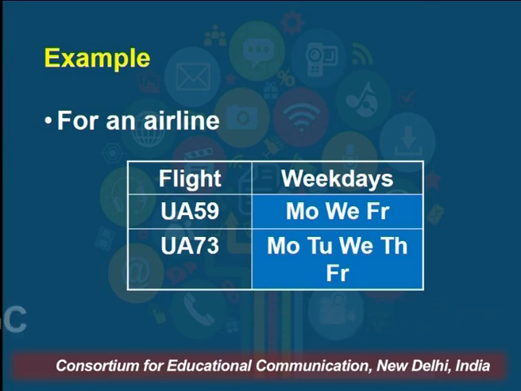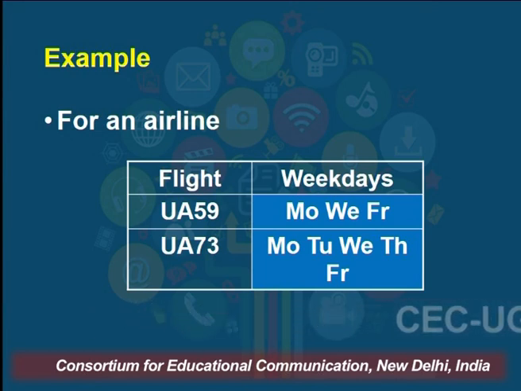Then we also have UA 73, which runs all the weekdays: Monday, Tuesday, Wednesday, Thursday and Friday. Please observe again that, as in the previous example, the attribute weekdays has multiple values.